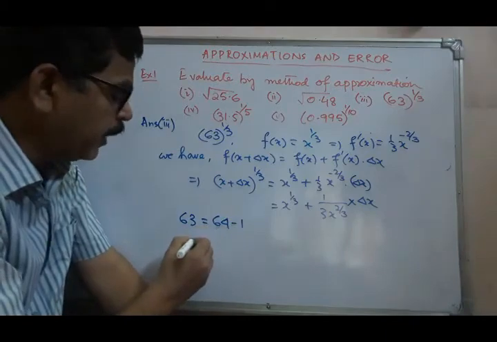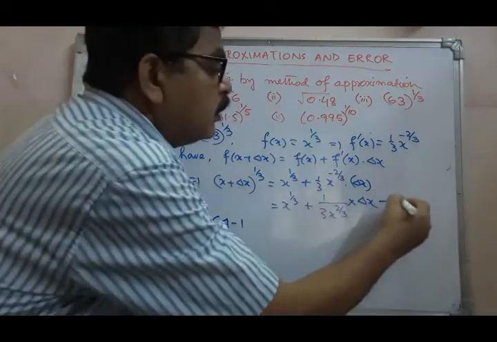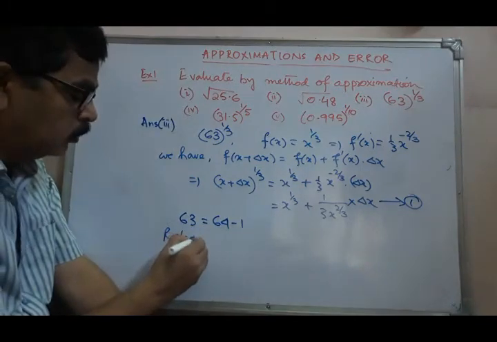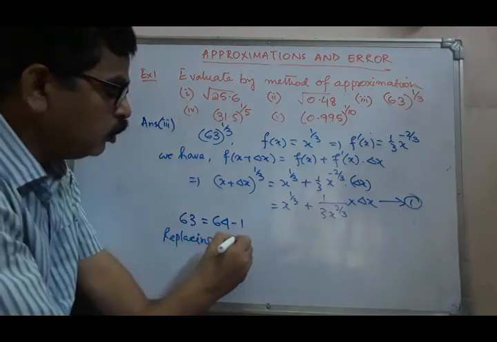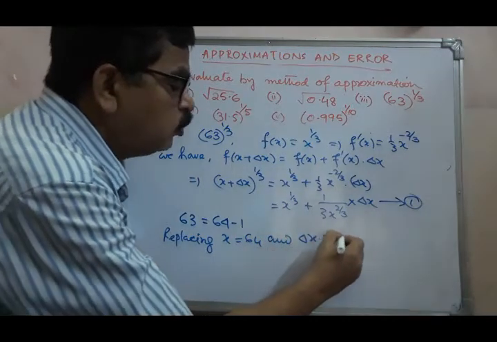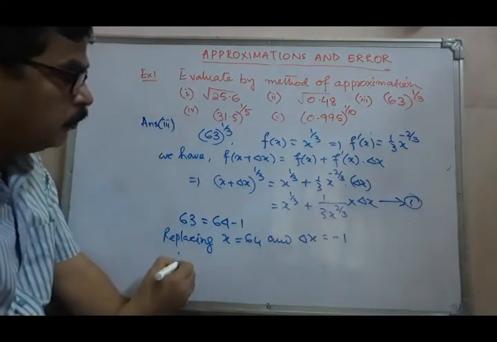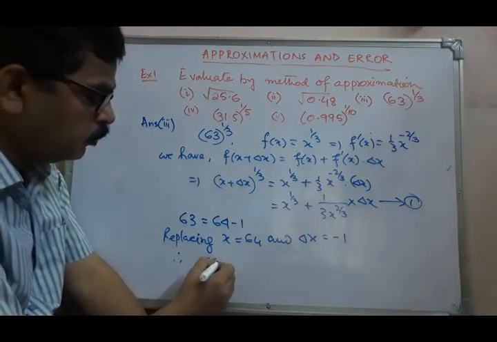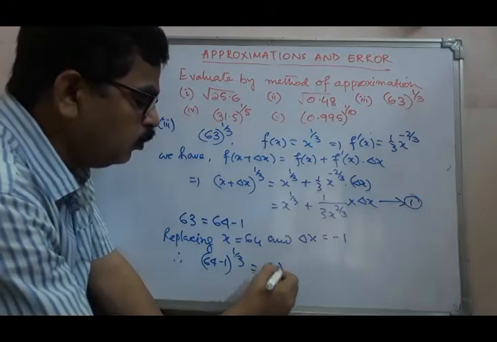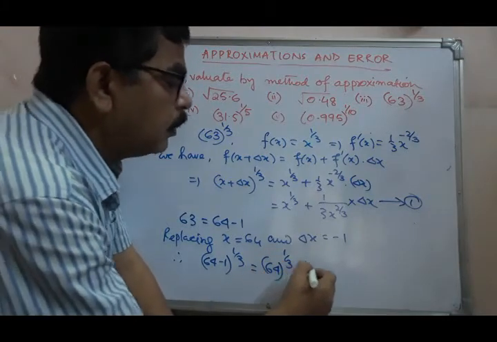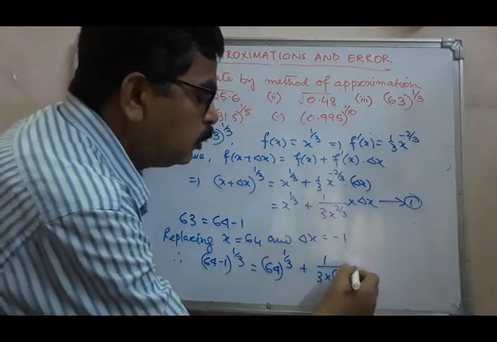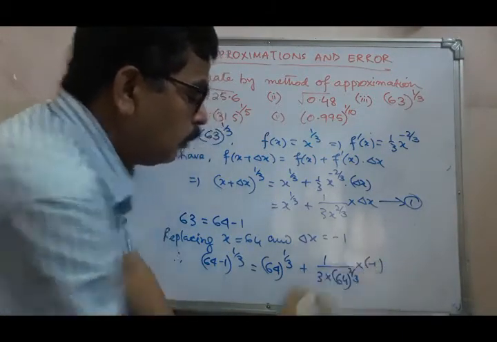Mark this equation as 1. Now replacing x equal to 64 and delta x equal to minus 1, we get (64 minus 1) whole to the power 1 by 3 equal to 64 to the power 1 by 3 plus 1 by 3 into 64 to the power 2 by 3 into minus 1.